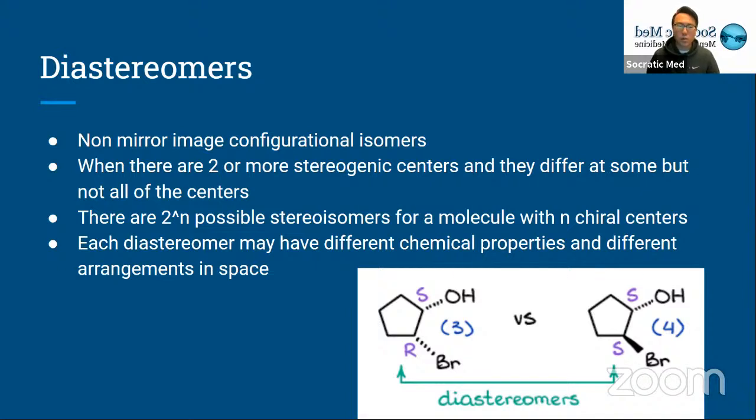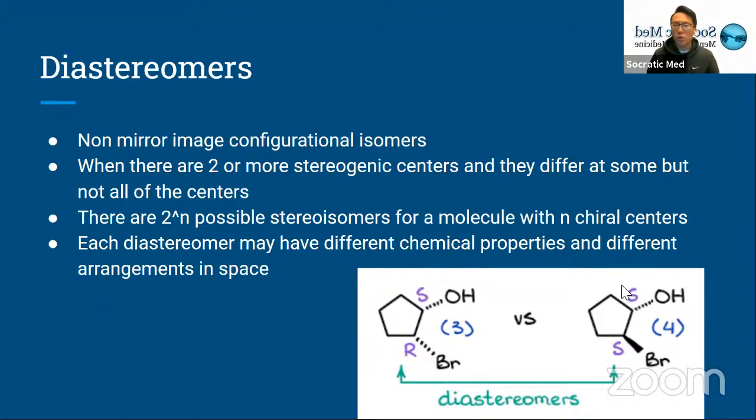So a diastereomer will have 2 or more stereogenic centers, but they will differ at some but not all the centers. This allows there to be 2 to the n power possible stereoisomers for a molecule when there are n chiral centers.